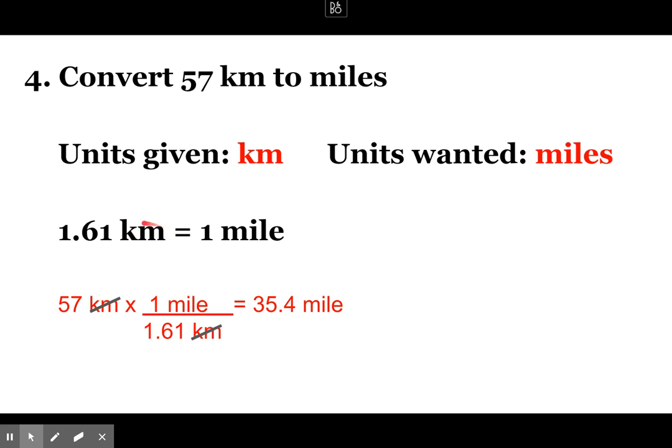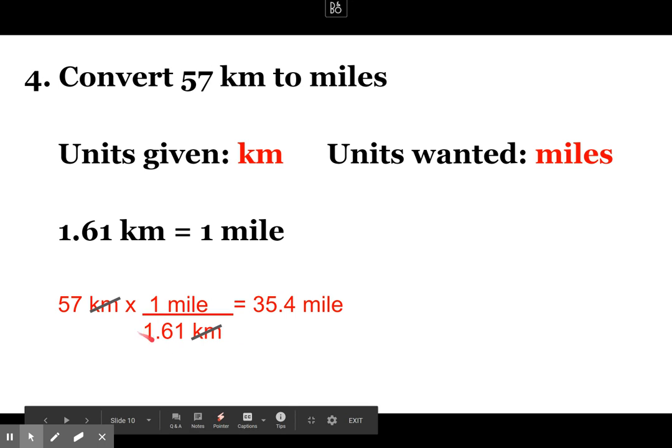There is 1.61 kilometers in 1 mile. So again, we can move forward with setting up our problem. We are given 57 kilometers, and now we're going to put in our conversion factor. We put our miles on top because that's where we want to get to, and we put our kilometers on the bottom. There we know there's 1.61 kilometers in 1 mile.